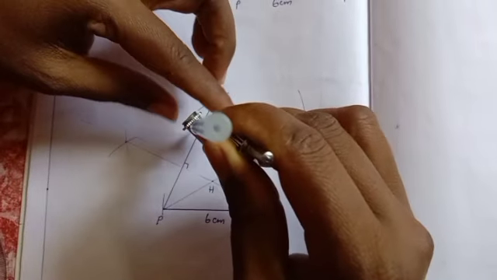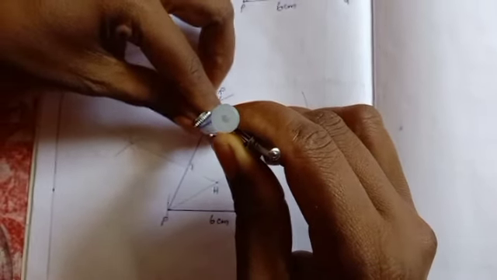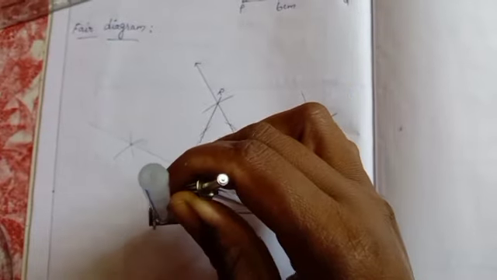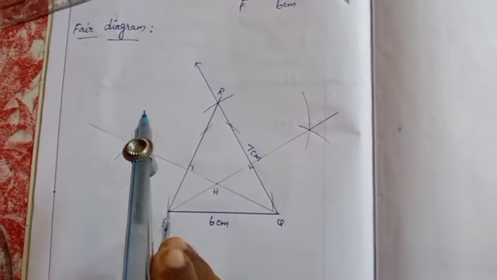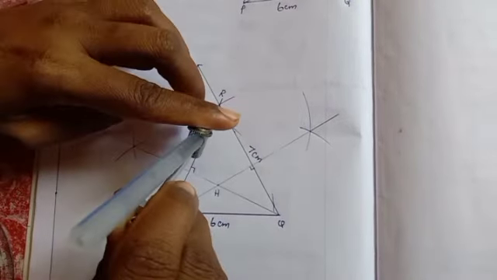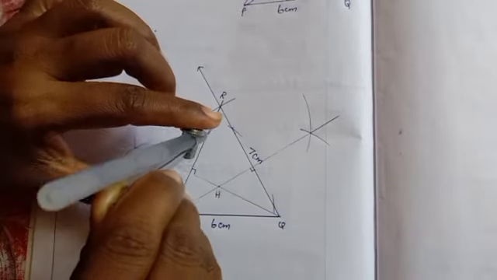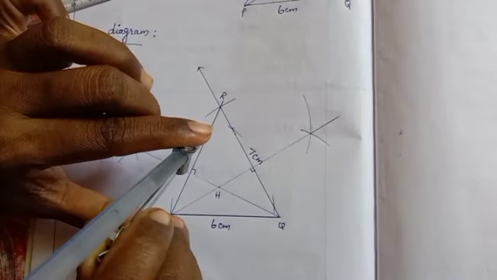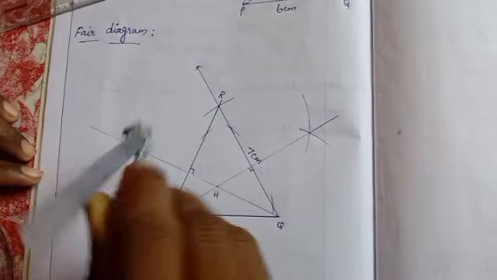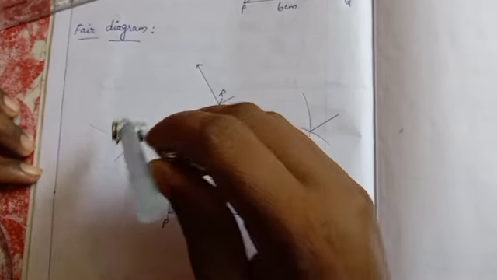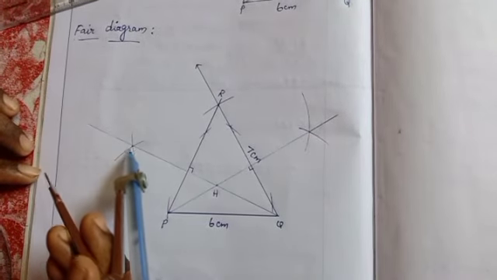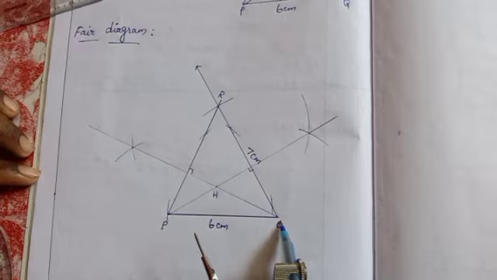Then you have to draw the arc. This is an approximate measurement only. Then using these 2 arcs, draw the other arcs, reduce the measurement, and draw the arcs. Denote the meeting point of these 2 arcs, then join these 2 points.